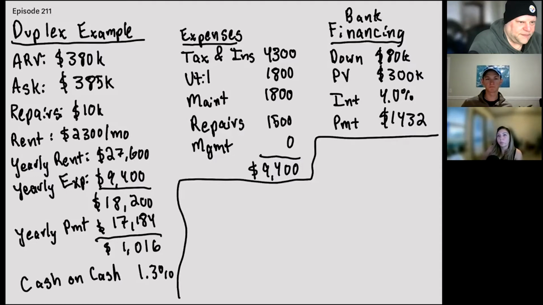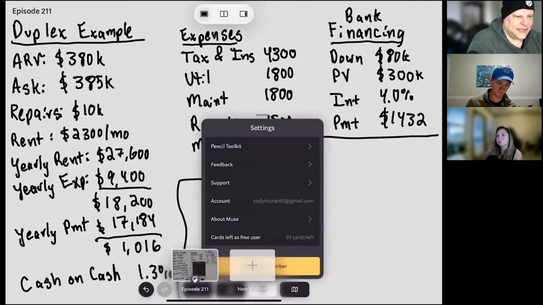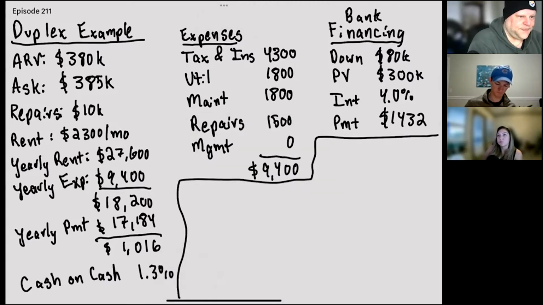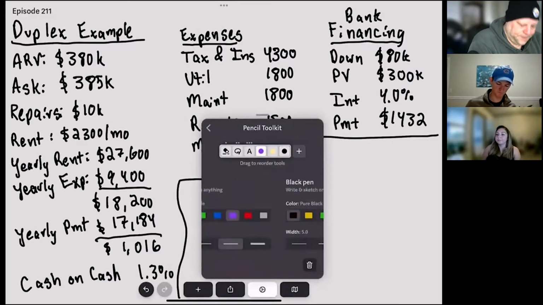It's pretty much one of those two things, right? If we're putting down 20%, we should be able to make some kind of cash flow that makes sense, right? This one is not. And this is the kind of deal that we run into a lot these days. This is more the norm than the exception right now.